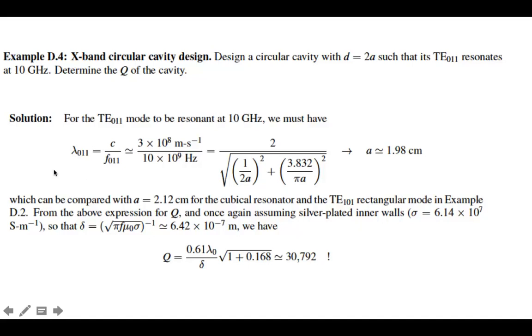You might remember that our Q before was 11,000. So just by going to a circular cavity for a similar frequency and similar material, we have a Q that's 3 times higher. This has to do with the volume to surface ratio of a cylinder compared to a cube.